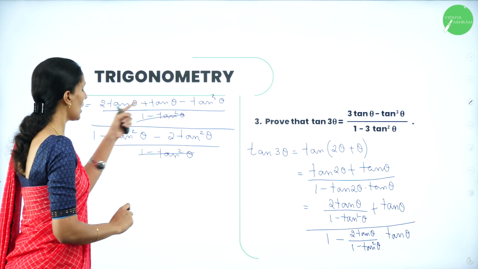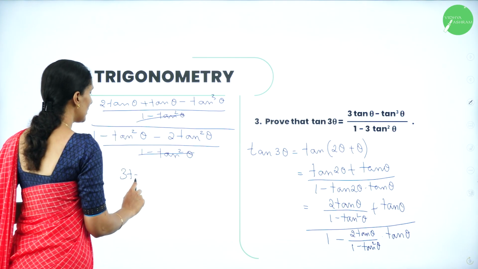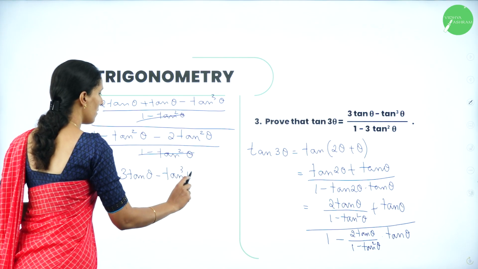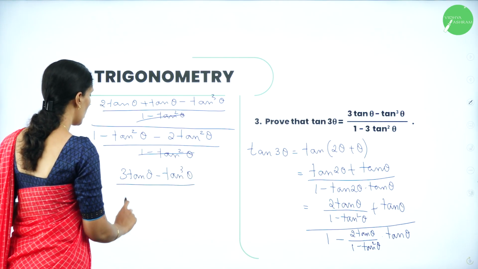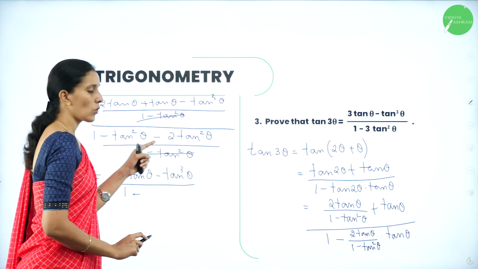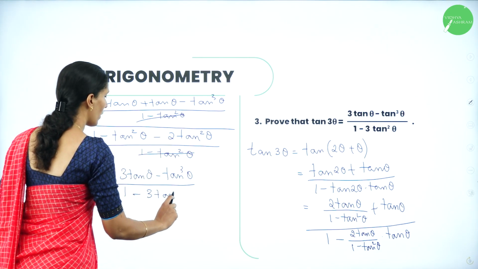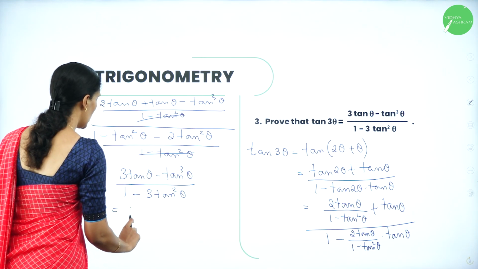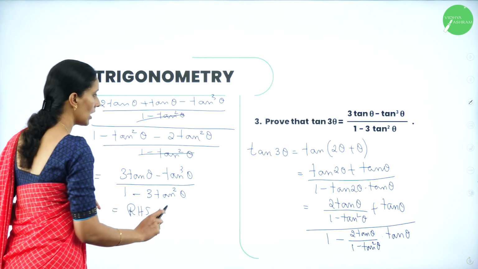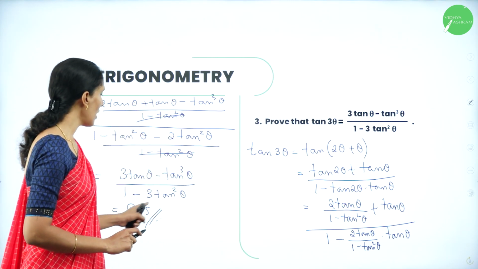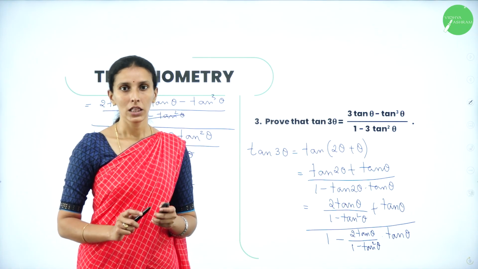Numerator: 2 tan theta plus tan theta is 3 tan theta minus tan cube theta, whole divided by 1 minus tan square theta minus 2 tan square theta is 3 tan square theta, which is the right hand side of the result. 3 tan theta minus tan cube theta divided by 1 minus 3 tan square theta.